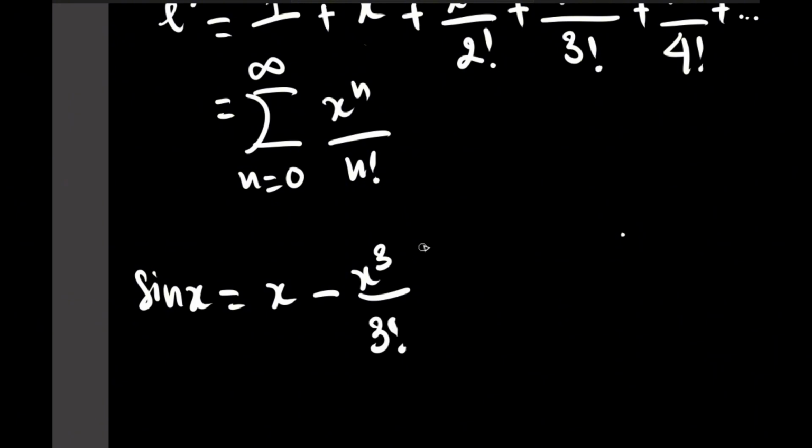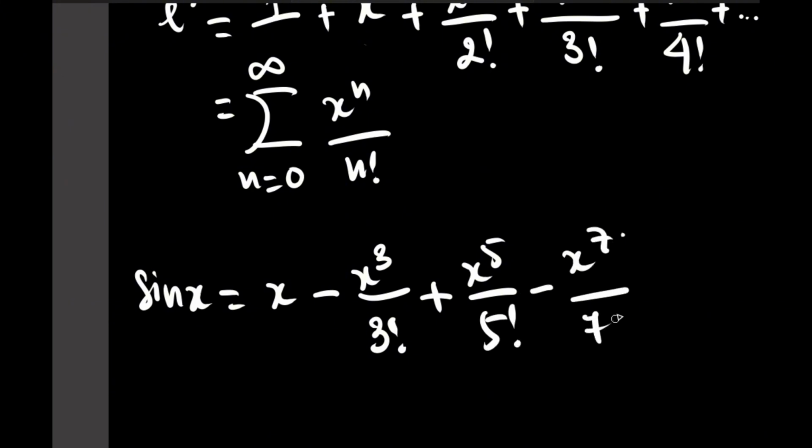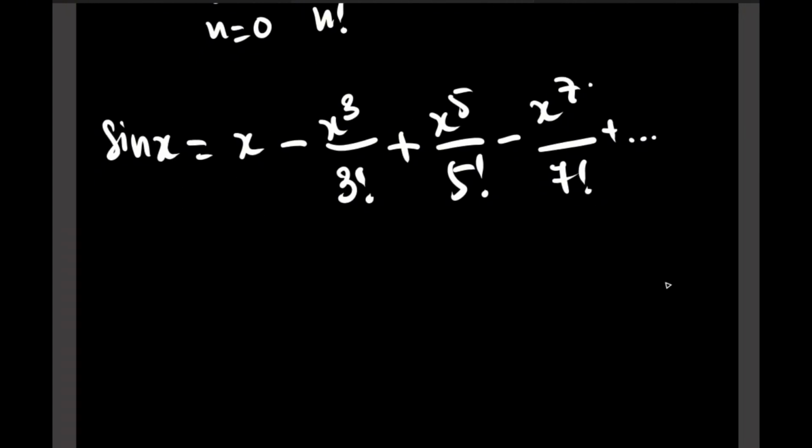Then we skip the next term because that's where sine 0 is, and because there is a change in sign again, it's going to be positive x to the power of 5 over the factorial of 5, and then minus x to the power of 7 over the factorial of 7, and so on. That's really easy, right?